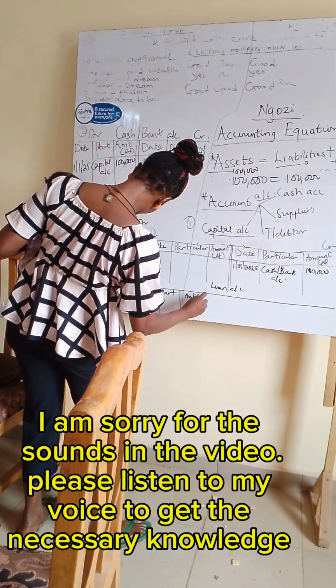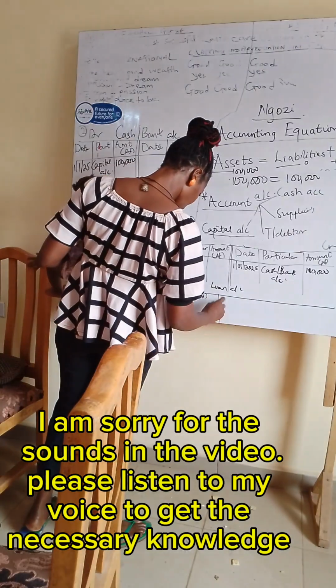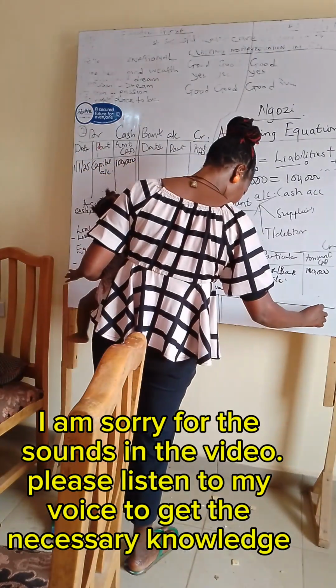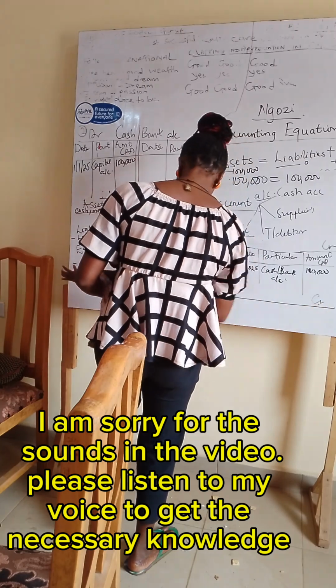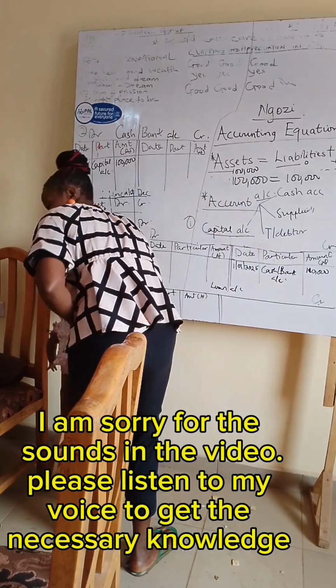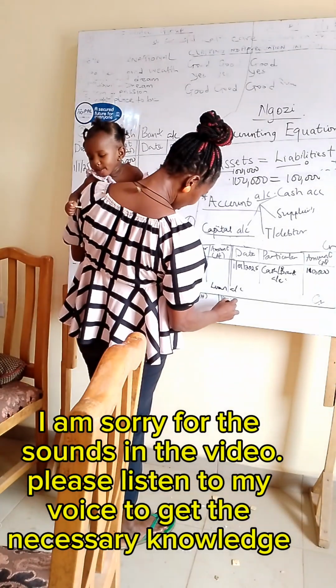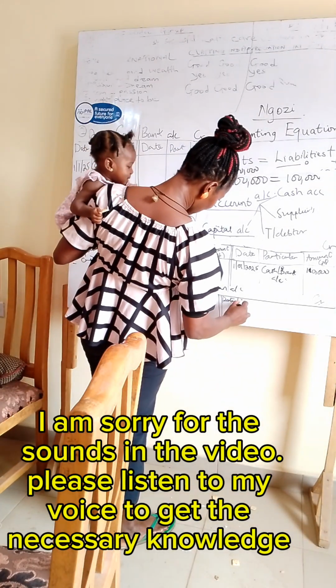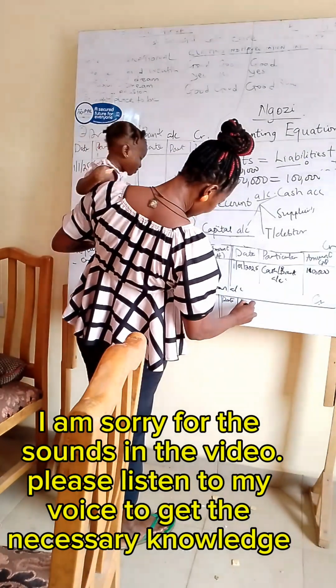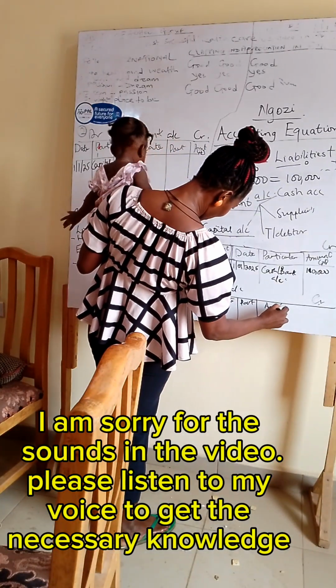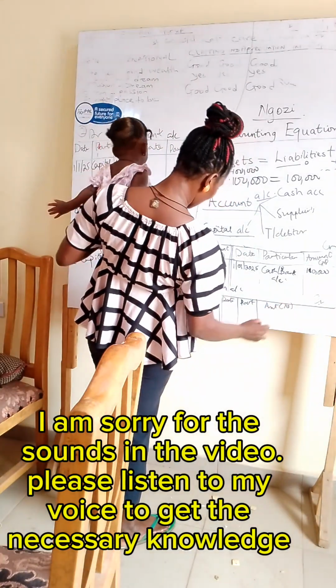We have our double line, debit side, the left hand side, credit side, the right hand side. So we have the same thing here. We have our date, we have our particulars. Please bear with me, my handwriting, I'm trying not to make mistakes.